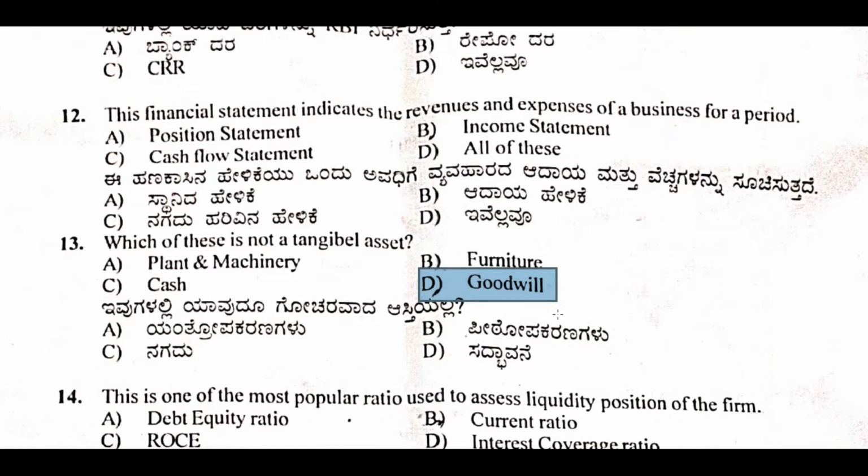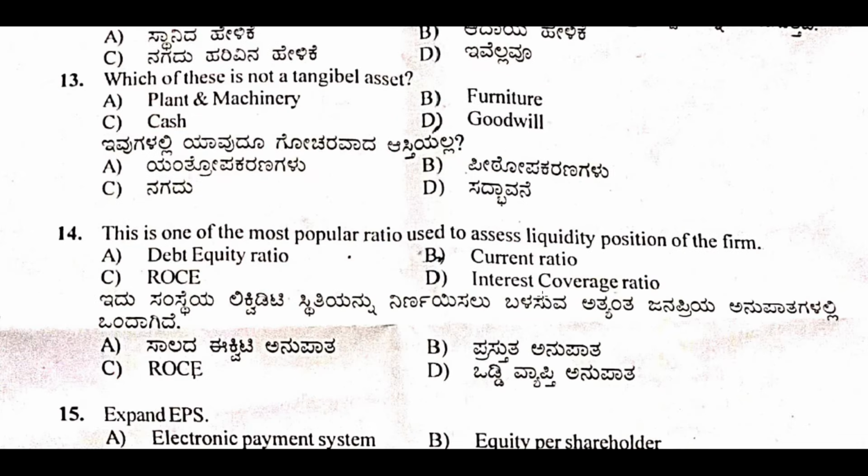Coming to question number 14. This is one of the most popular ratios used to assess the liquidity position of the firm. Option A, debt equity ratio. Option B, current ratio. Option C, ROCE. Or is it option D, interest coverage ratio?